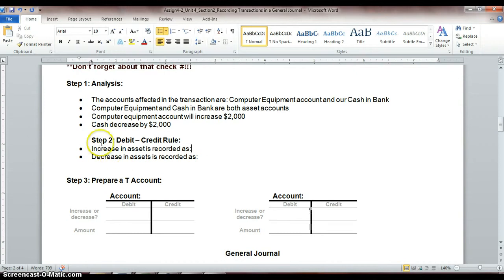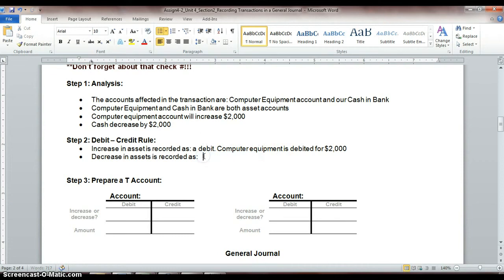When we move on to step 2, our debit and credit rule, this is going to increase our asset account, which is always recorded as a debit. So our computer equipment is debited for $2,000.